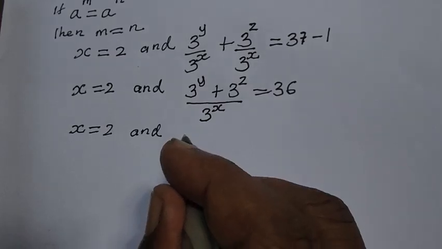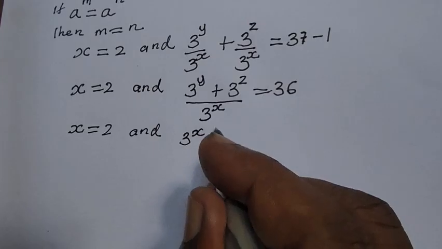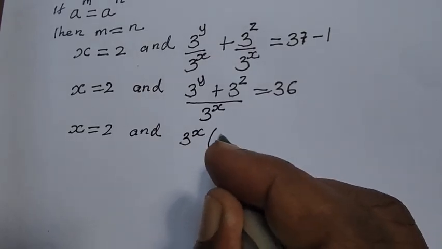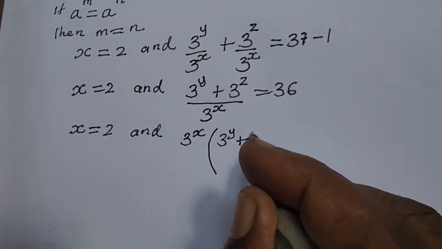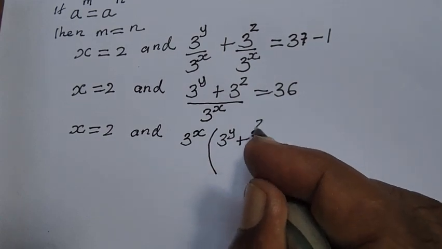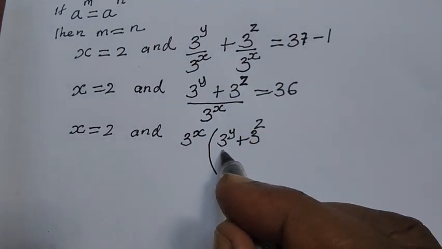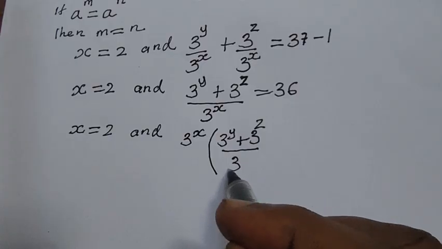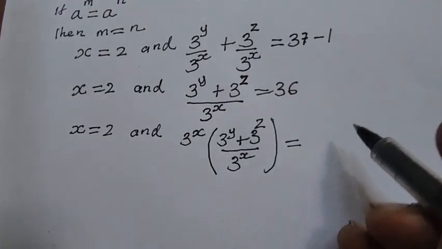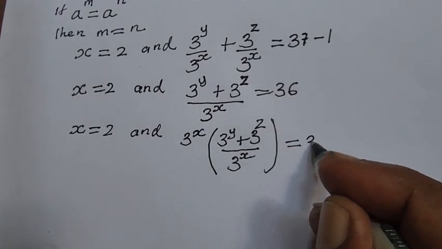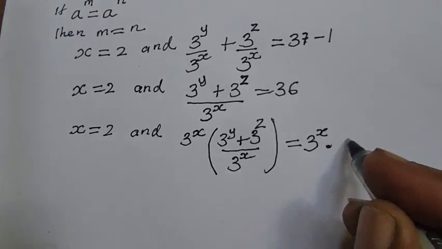So we have 3 raised to power x in the bracket, 3 raised to power y plus 3 raised to z over 3 raised to power x in the bracket equals to 3 raised to power x times 36.